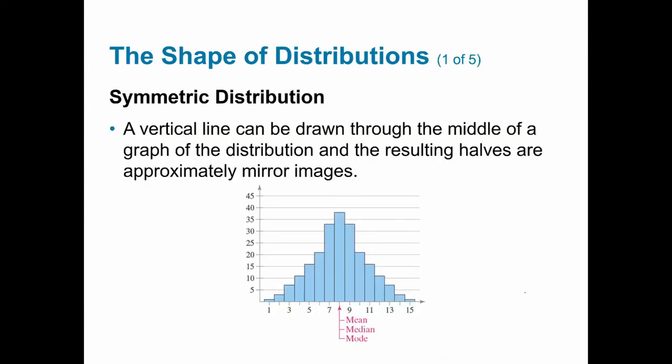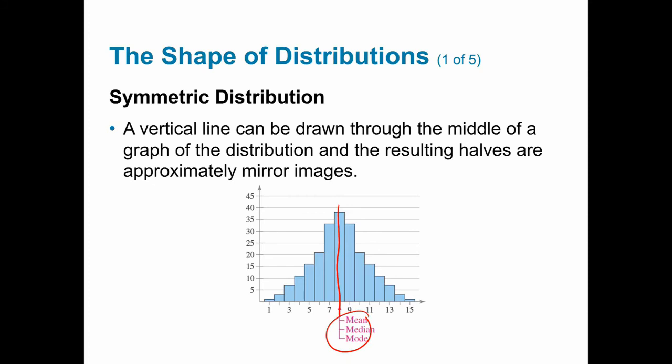So what do stem and leaf plots and histograms tell us? They give us a picture of the shape of the distribution, which then tells us the kind of math we can do with it later on. So a symmetric distribution, just think of this as a mirror image. If you draw a line down the middle, you have a mirror image on both sides. Don't worry about this pink stuff talking about mean, median, and mode at the bottom of the image right now.